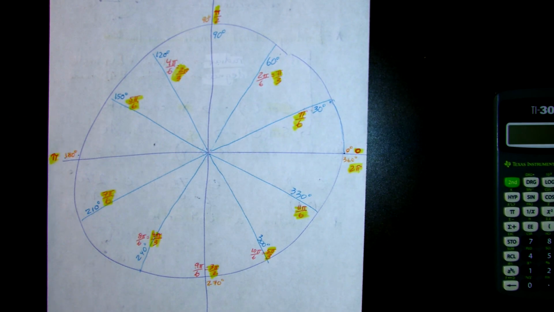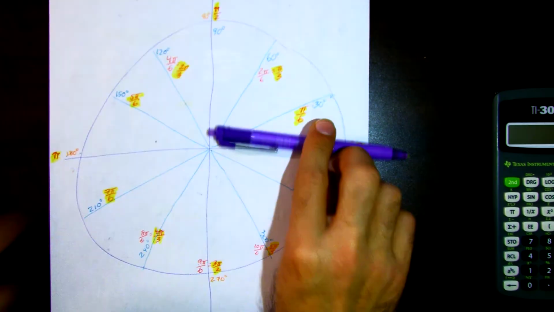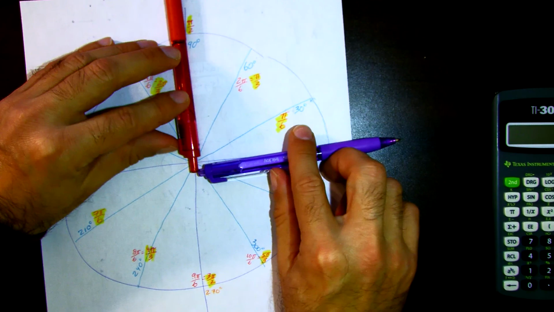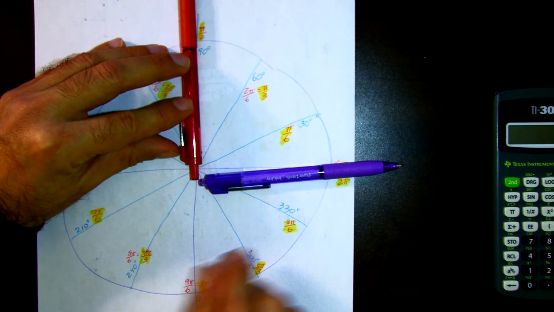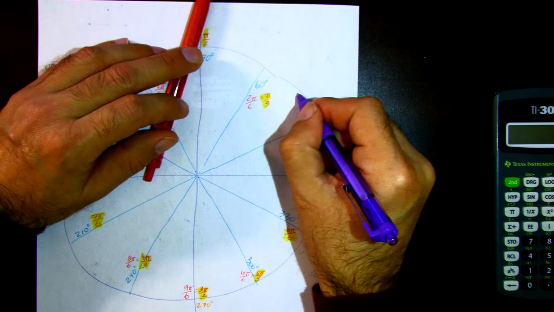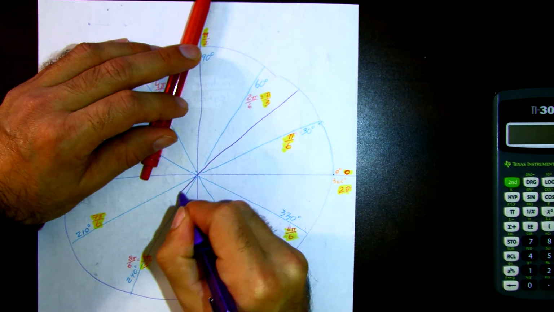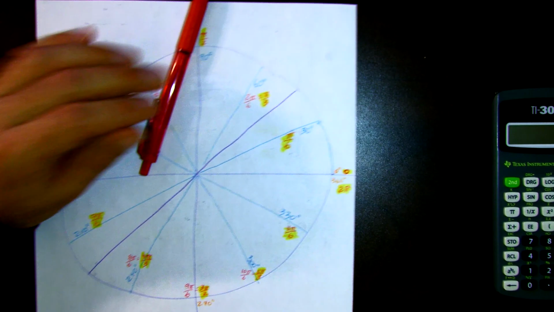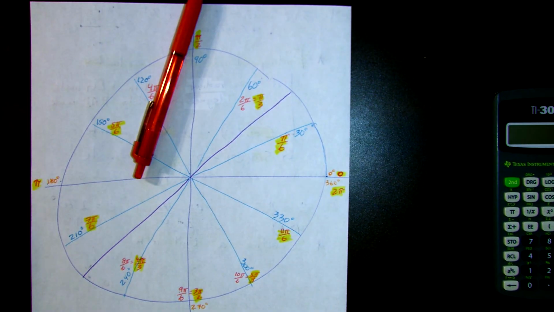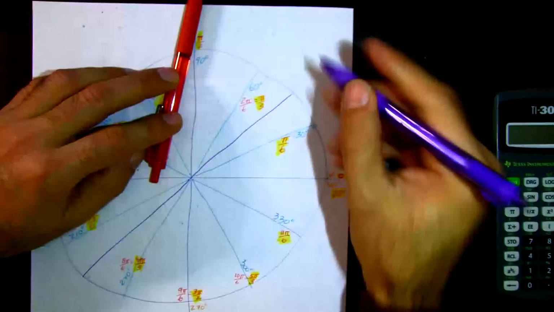And now we just have one more set to put in. Let's use purple. You see how this is 90 degrees? So let's find the 45 degrees by going right in between those two. And you can extend that all the way across to get to the other side.